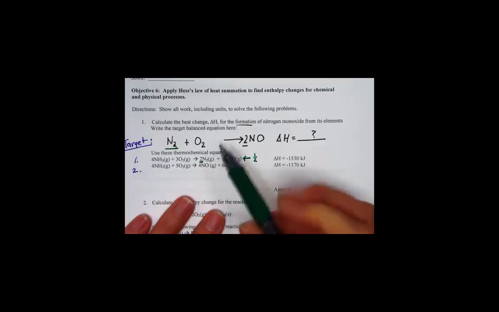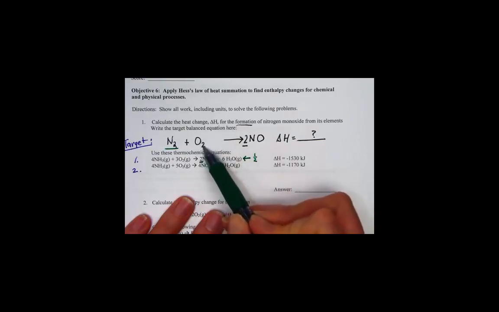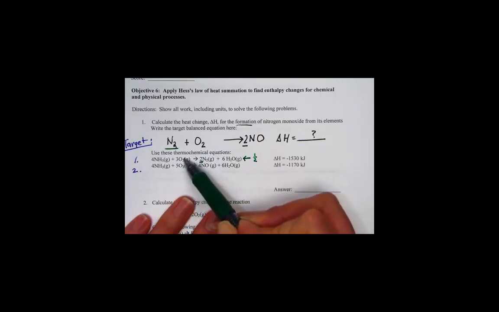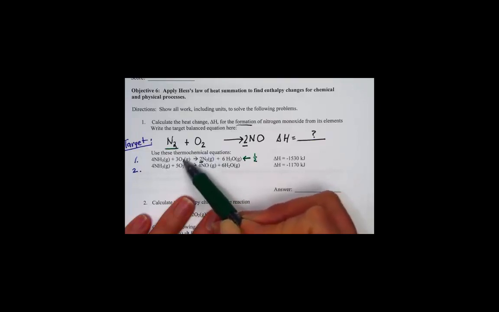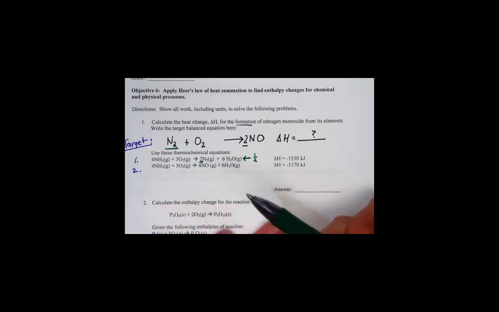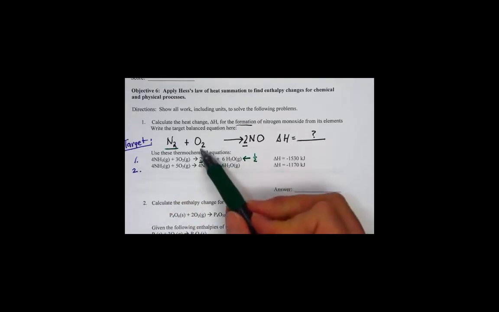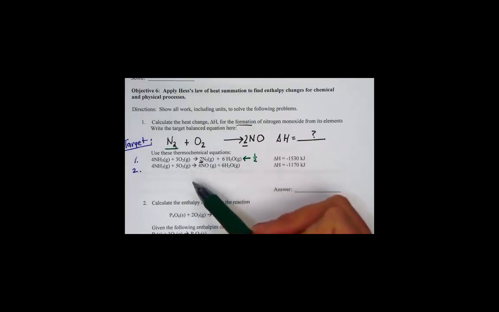The next reactant is the O2 in the target equation. What I'm noticing is the O2 appears in both elementary reactions. It's not very helpful if it's appearing in both. I'm not going to gain insight into what to do with that second elementary reaction. I'm going to choose to ignore that for right now. I'm not finding it in a unique place.